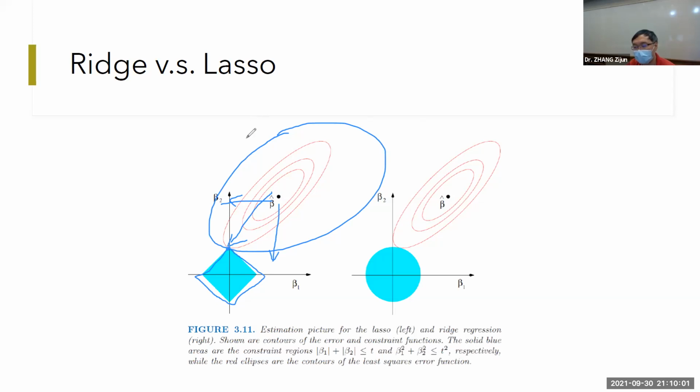But here, this is lasso. If we consider ridge, it has a beta square penalty, while lasso has a beta absolute value penalty. The beta square penalty is a circle.